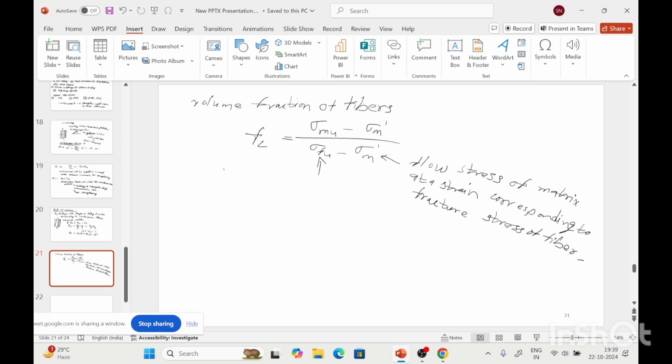Sigma fu is the fracture stress of fiber. Sigma mu is the yield strength of the matrix.